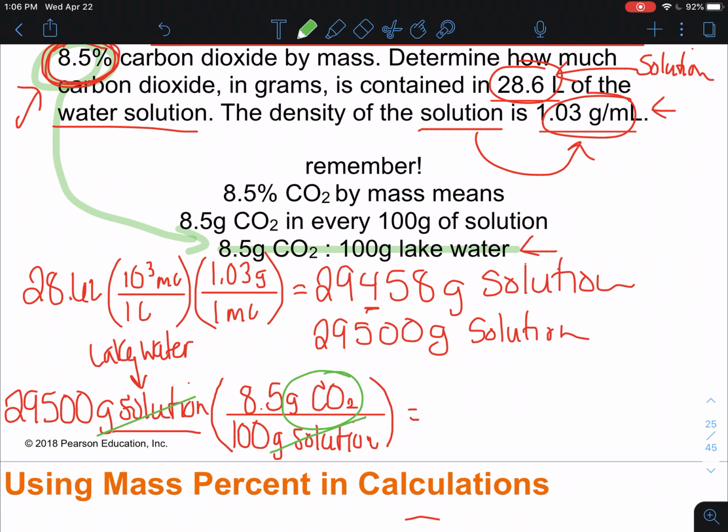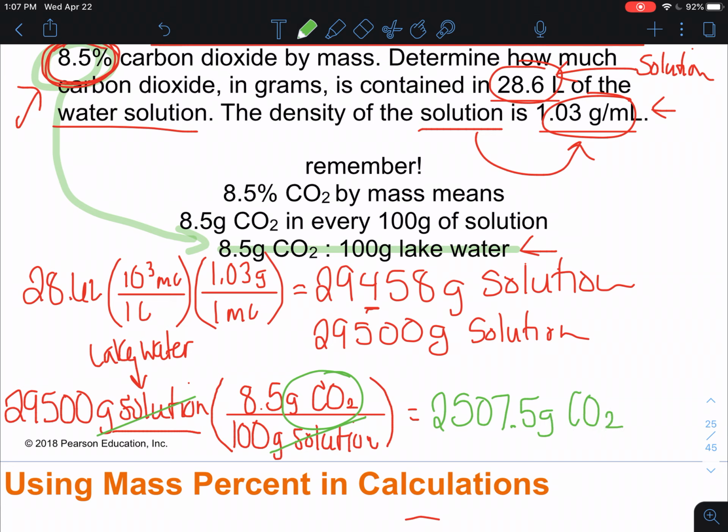So I have 29500 multiplied by 8.5 over 100, close the parentheses, and we have 2507.5 grams of CO2.